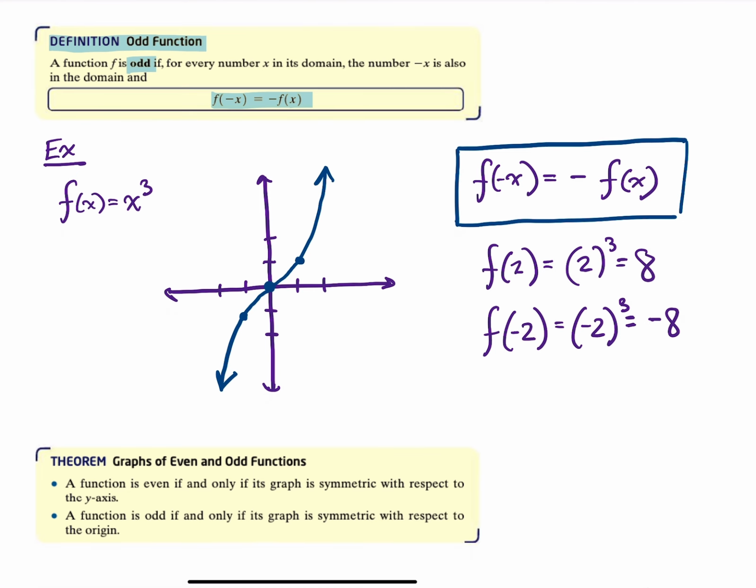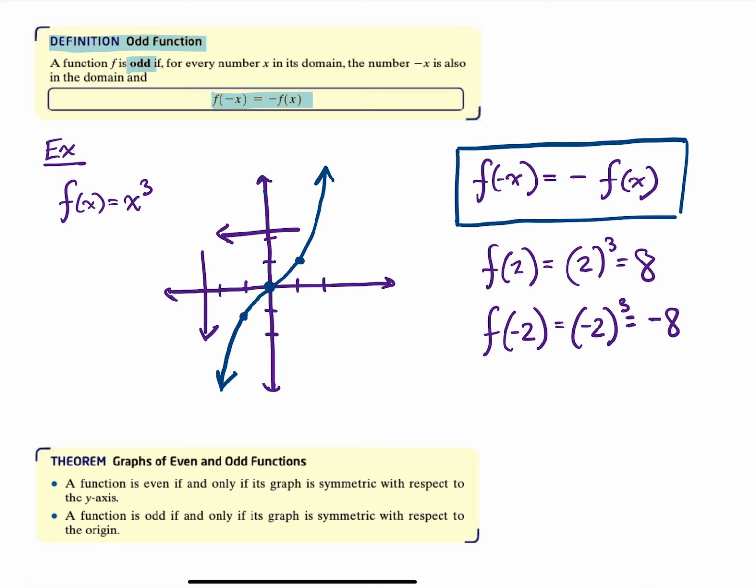So to be symmetric about the origin, imagine if you first took what is on the positive side of the x-axis and flip it across the y-axis and then across the x-axis.